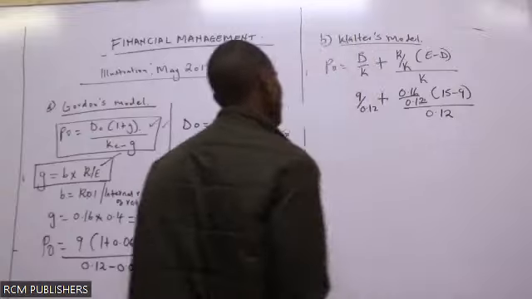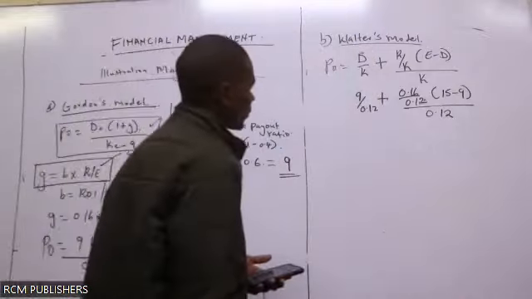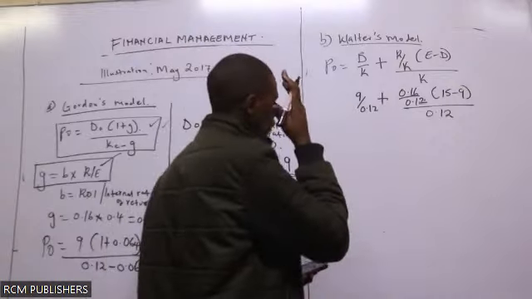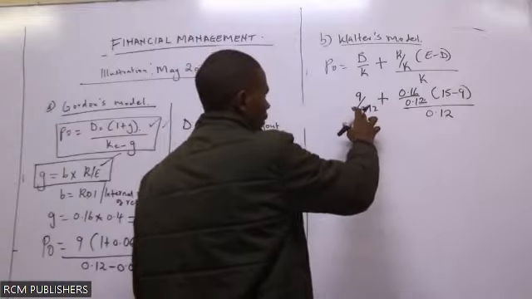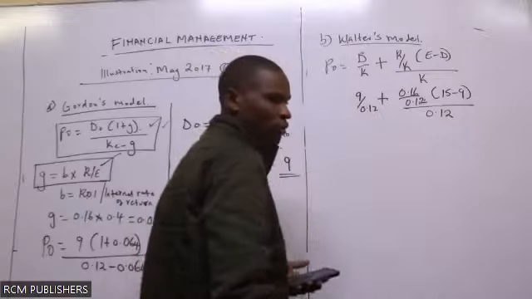So with that information, we can get something. We can go slowly. What is this here? 9 over 0.12.